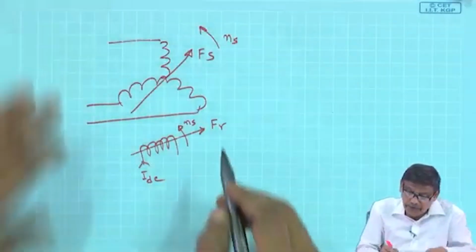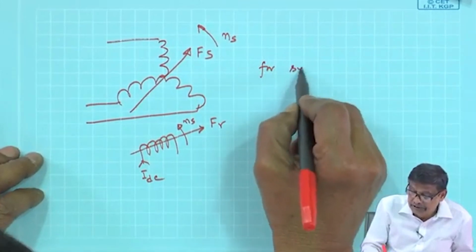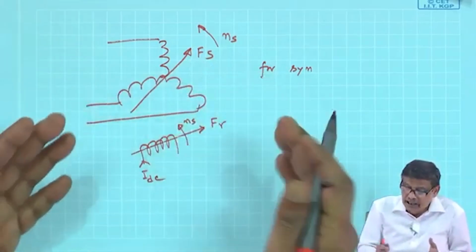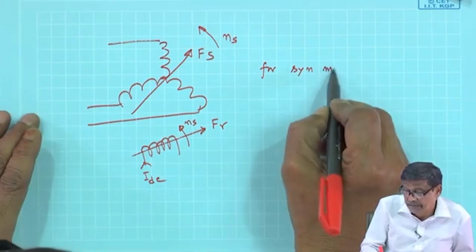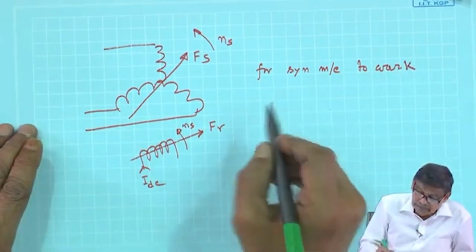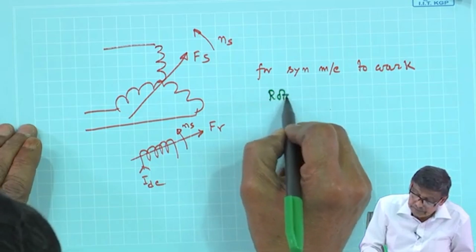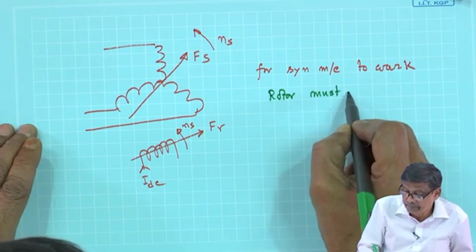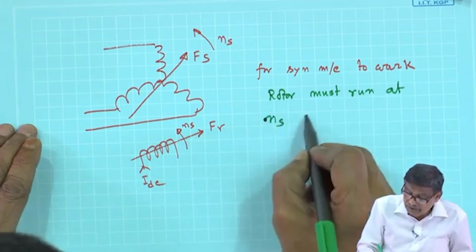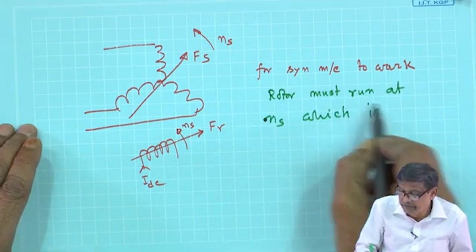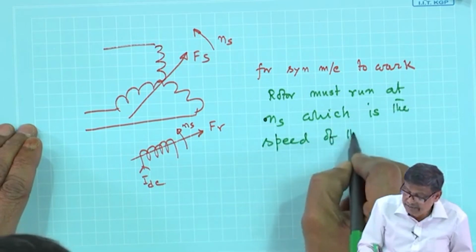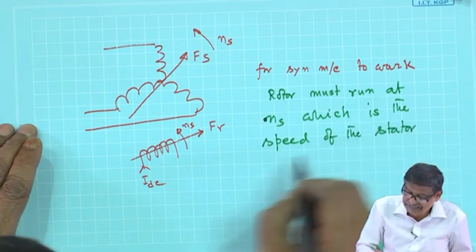Therefore, for a synchronous machine, because this is the structure, these are the basic coils in the machine, I can conclude this much: for a synchronous machine to work, the rotor must run at synchronous speed ns, which is the speed of the stator rotating field.